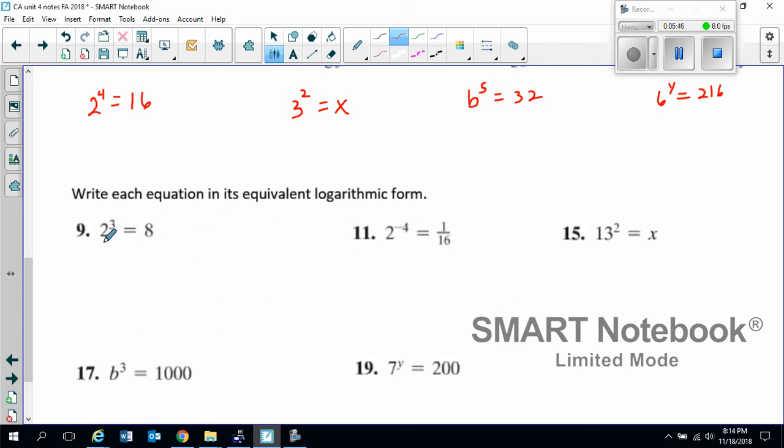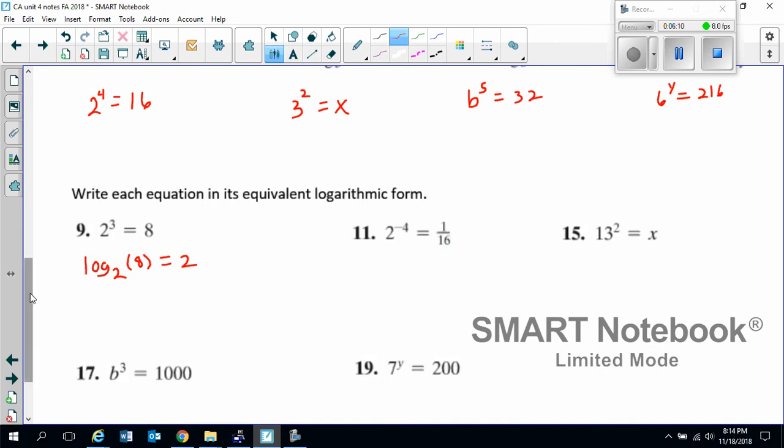And so your base just stays your base. So this is going to be log base 2, and then this guy goes with it right here. And then that power that's way up here, just put it on the other side. There you go. So that's our conversion right there. So whatever little trick's going to help you remember this, do it enough times, the muscle memory will kick in. It's fine.